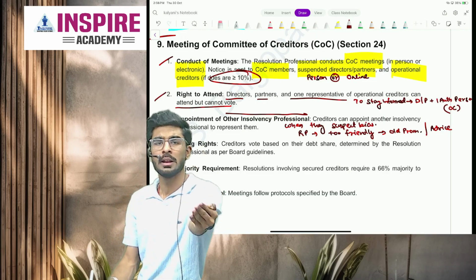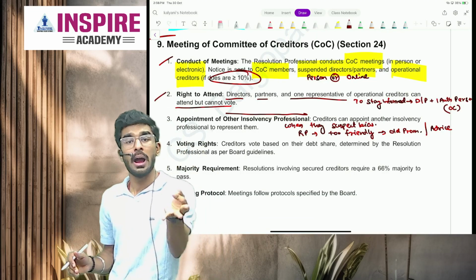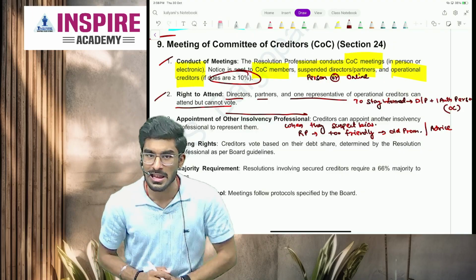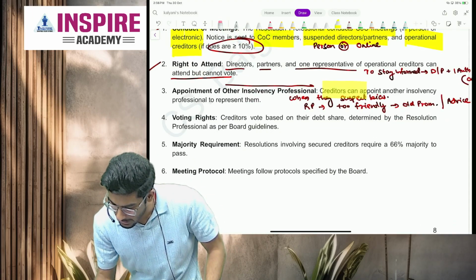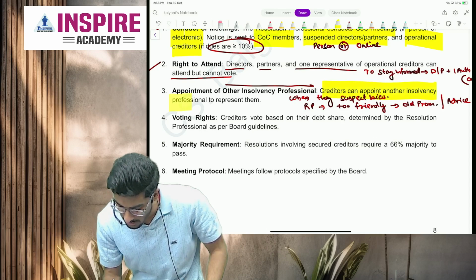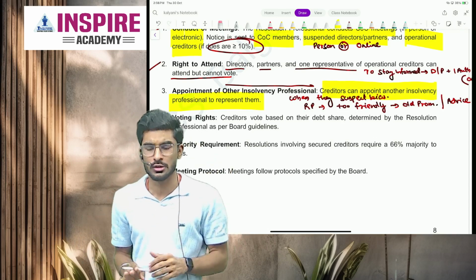And then we understood the appointment of other insolvency professionals. Sir, one insolvency professional is already appointed. Why are we going to appoint another insolvency professional? Let's understand. Creditors can appoint another insolvency professional to represent them. Why is that so?